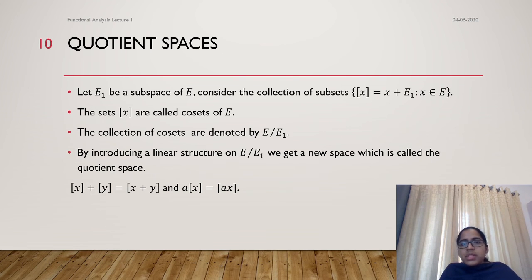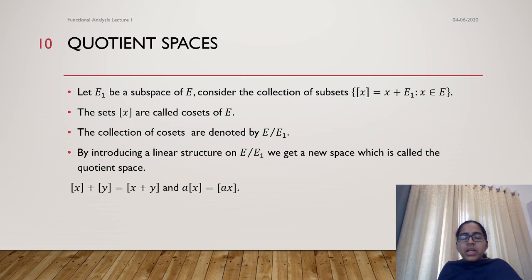For a particular subspace we can find many cosets, and the collection of all such cosets is denoted by E by E1.